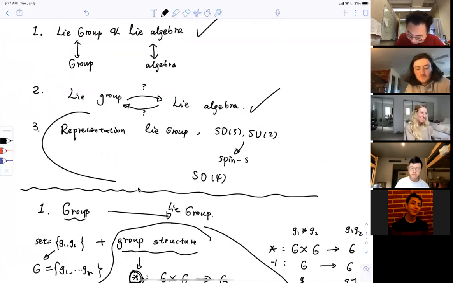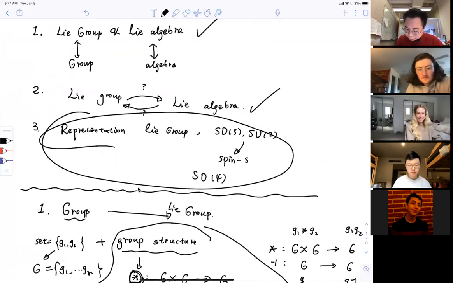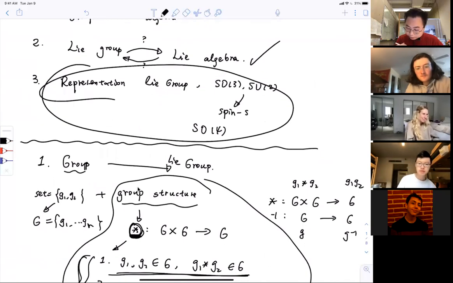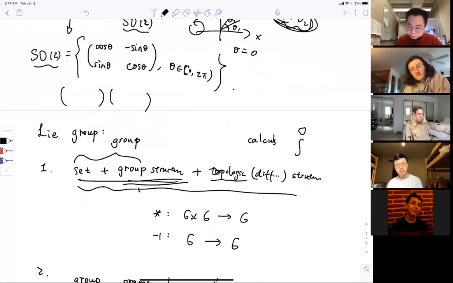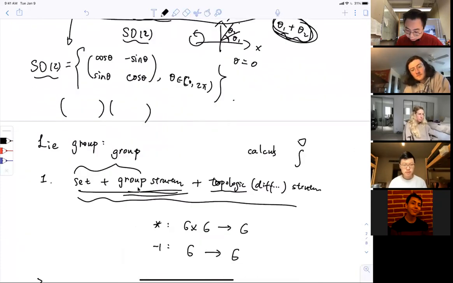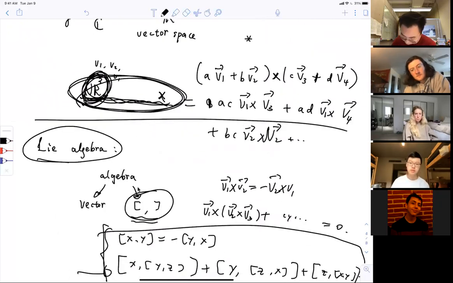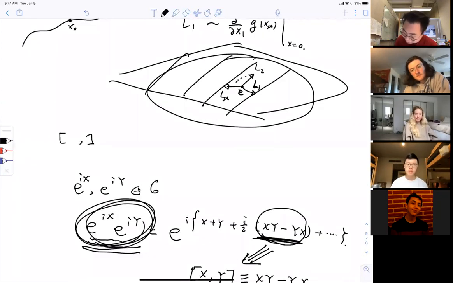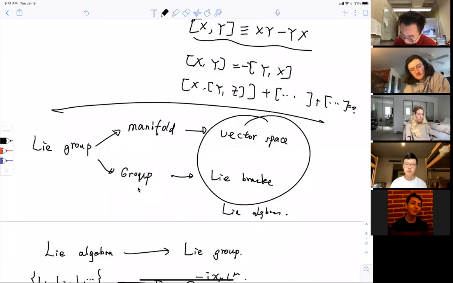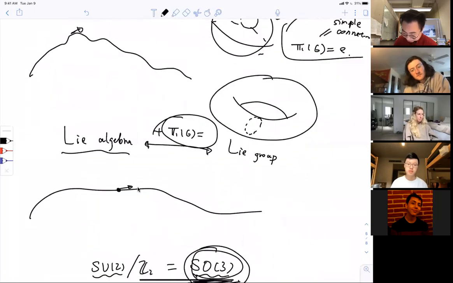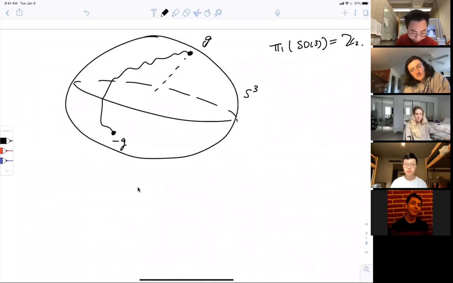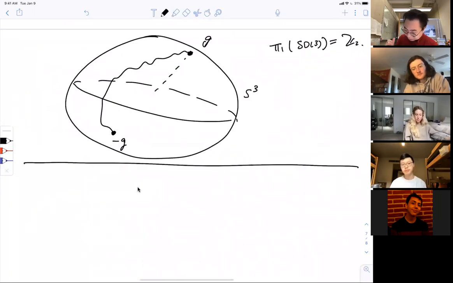This part, representation, unitary representation, is related to spin 1, spin 1/2, stuff like that, and also tensor product representation and the direct sum of representations. I have no time to do that. But anyway, I will upload my notes onto CCLE, so you can take a look. And if you have any questions, just let me know. We can discuss during office hours or via email.